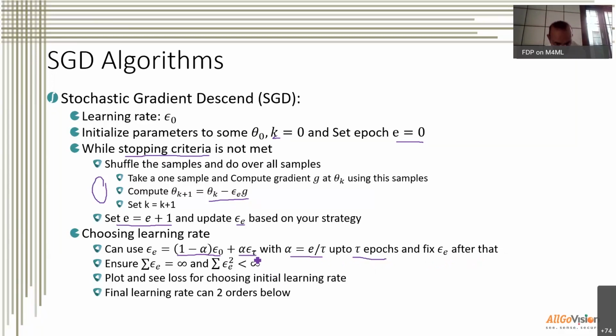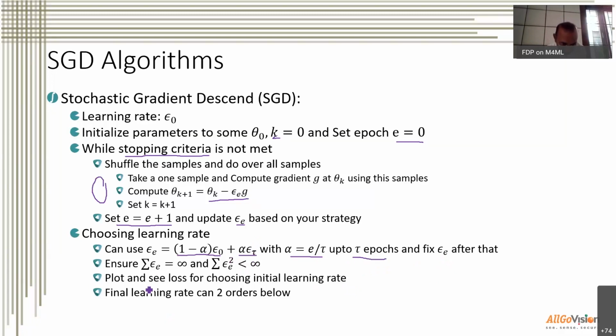So basically you have some initial epsilon 0, and then you keep on modifying that. Epsilon tau also you need to choose. After tau epochs, the learning rate would gradually keep going down, and you don't want it to go down too much, so you fix epsilon e after that.